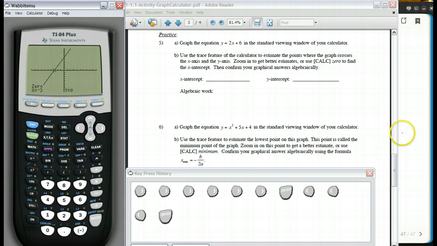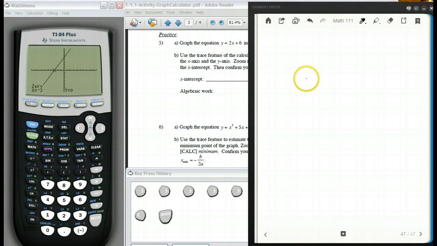To do it algebraically, we go through a two-step process. For the y-intercept, we let x equal 0. In our equation, we let x be 0, so y equals 2 times 0 plus 6. That's 0 plus 6, so y equals 6, which is what we got before.